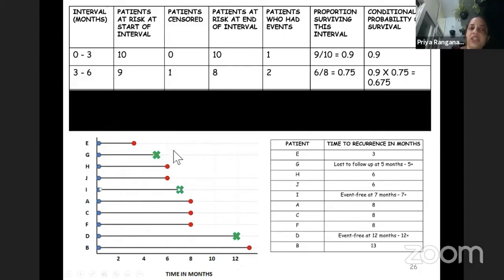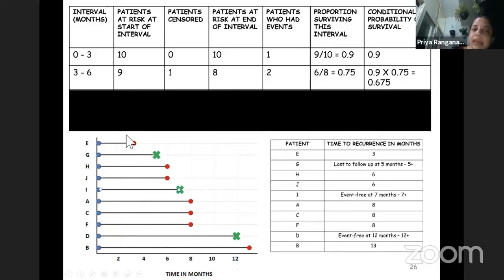We have 9 patients remaining for analysis. Out of these, this patient did not give us data at 6 months. And so this patient gets excluded from further analysis. Please note that this patient gave us data for the first 3 months. This patient told us that she is alive. And so we included her in this analysis.